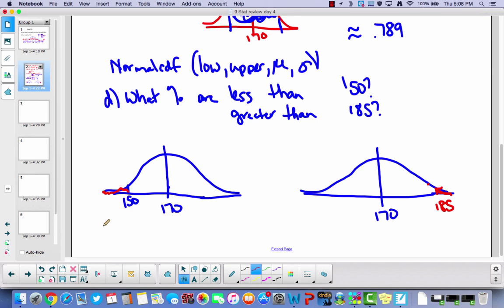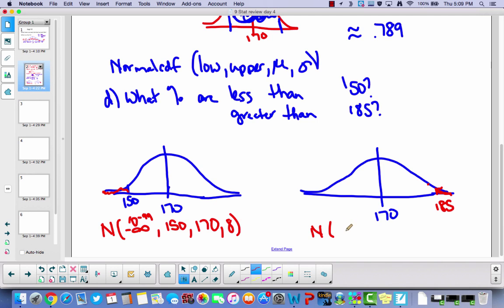So when we do our normal CDF, what is our lower bound? Well, that's negative infinity, because it could go to that. So remember, we use 10 to the negative 99 power. Our upper bound is 150, our mean is 170, and our standard deviation is 8.